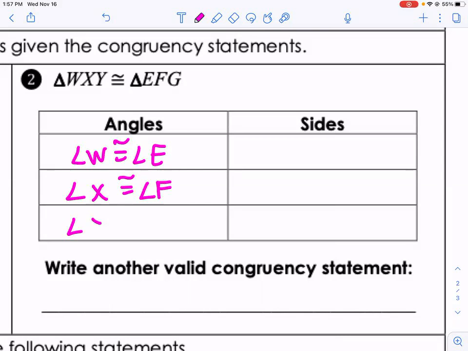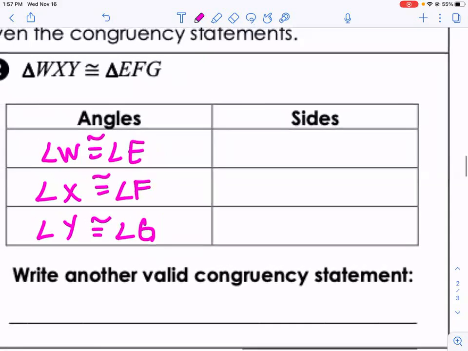Angle Y is congruent to angle G. Jonah, give me a side.